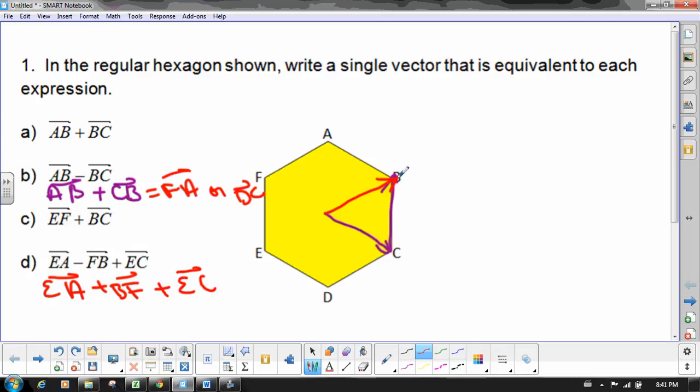Okay, so now right away when I kind of look at this here, if I'm looking at EA plus EC, so EA goes from here to here.